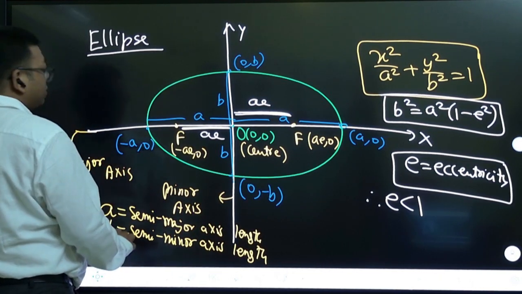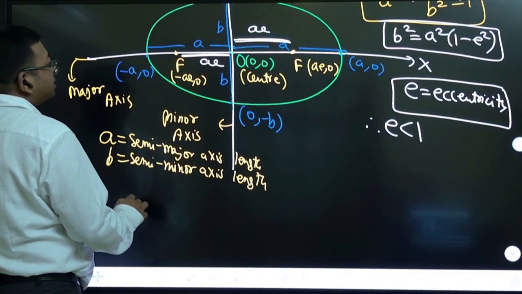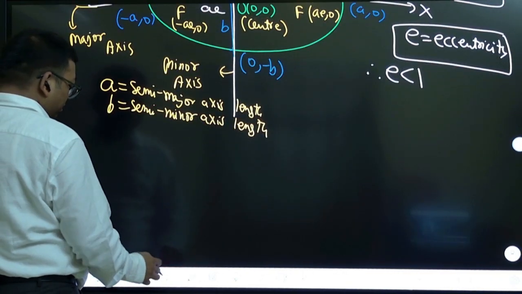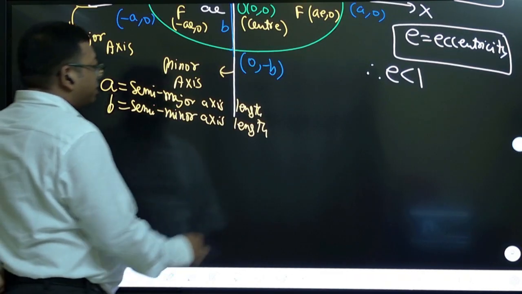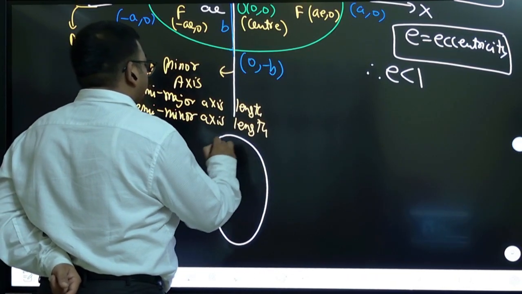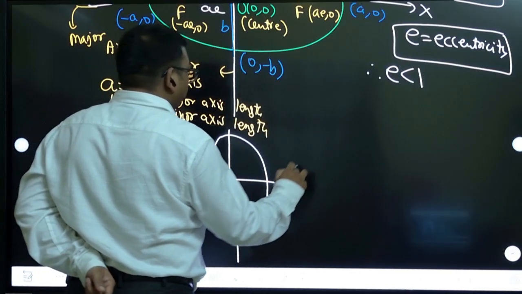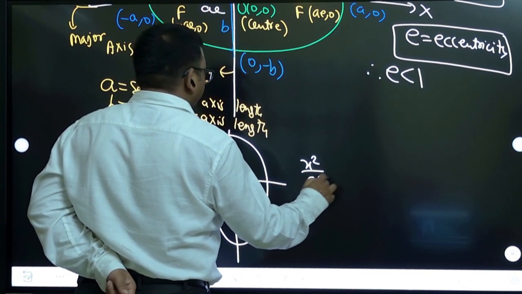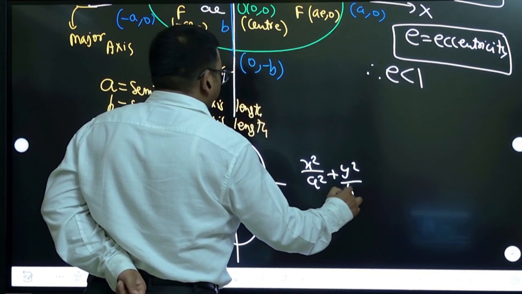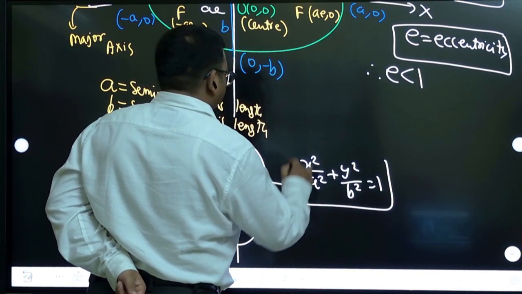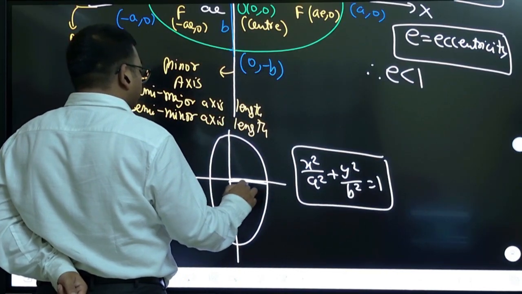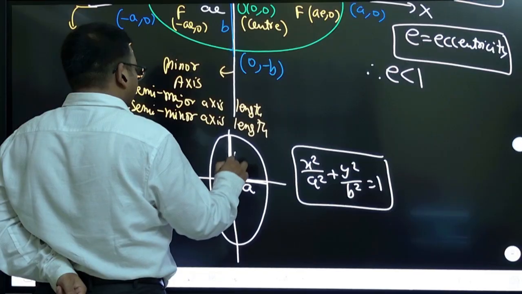Then what else? Sometimes this ellipse can be like this way also. So the equation will remain the same: x square by a square plus y square by b square is equal to 1. But now a is smaller than b.